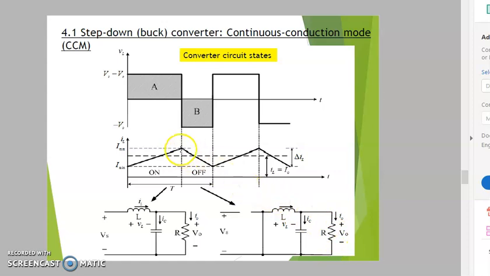The current flows to the load and it will reduce because the stored energy is absorbed by the load. So the amount will reduce, and it starts again to rise when the next cycle begins from minimum to maximum. The difference between maximum and minimum magnitude is so-called delta I load, or the ripple level.